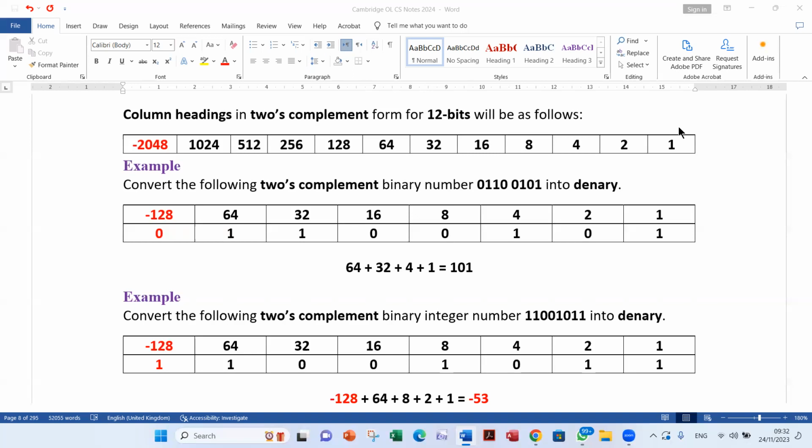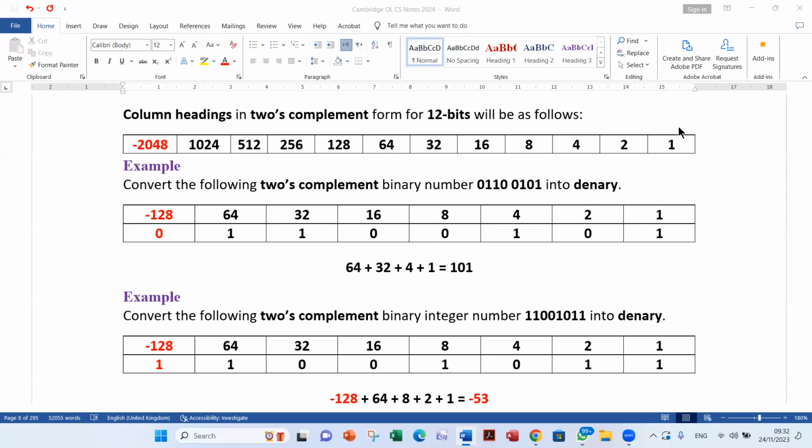Just now it is not only adding, it is adding and subtracting, and you have to practice this by hand because calculators are not allowed. So it is negative 128 plus 64 plus 8 plus 2 plus 1, that is negative 53.